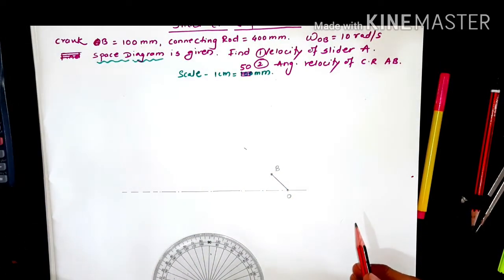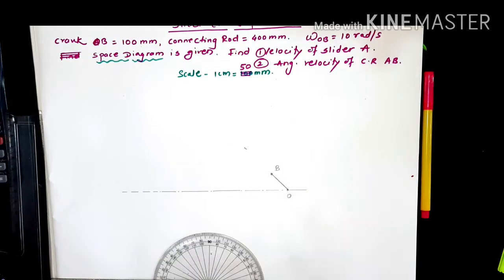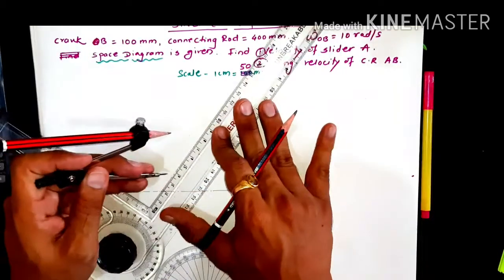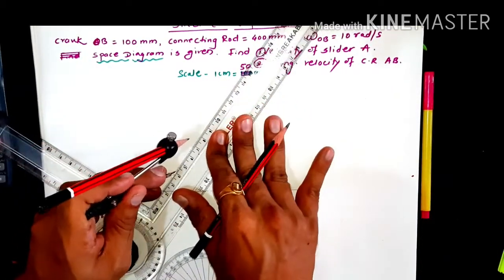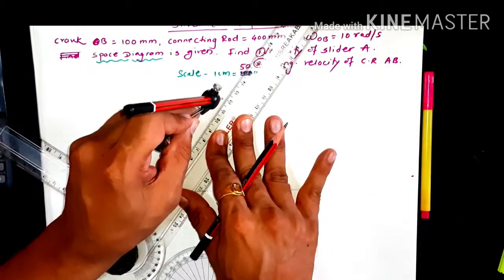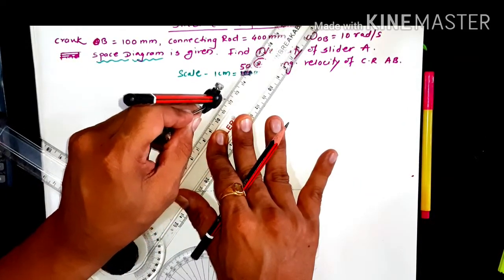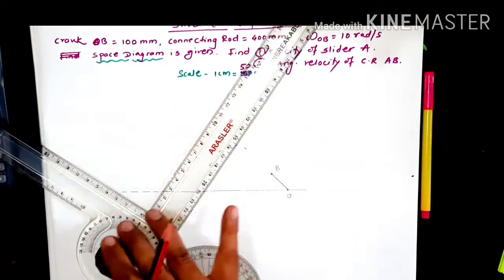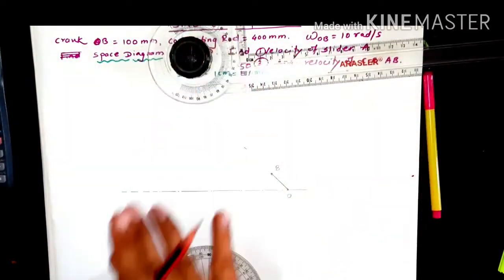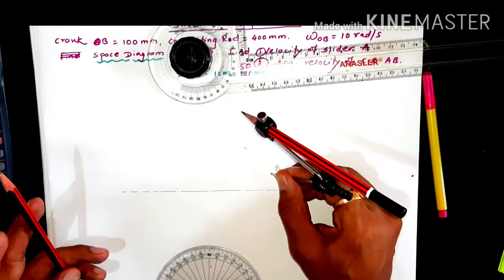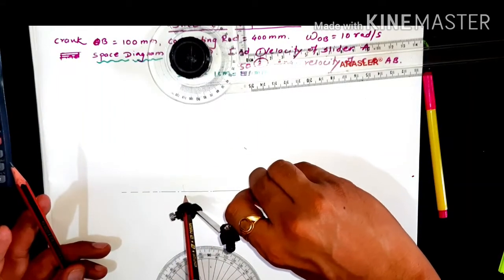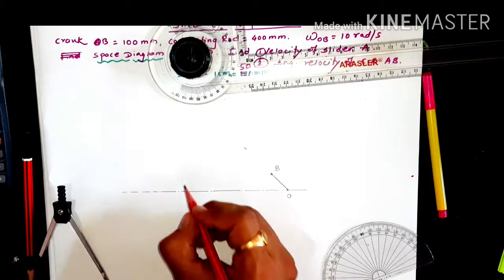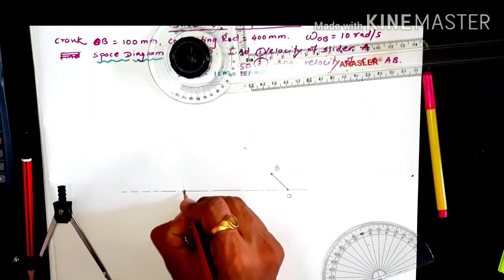Now the connecting rod length is given, that is 400 mm. Because 50 mm is equal to 1 centimeter, I'll take 8 centimeter on the scale. So I got an 8 centimeter length. I'll keep my compass point on B and draw an arc here. As we know, in a slider crank mechanism, the connecting rod is always connected with the slider or piston.